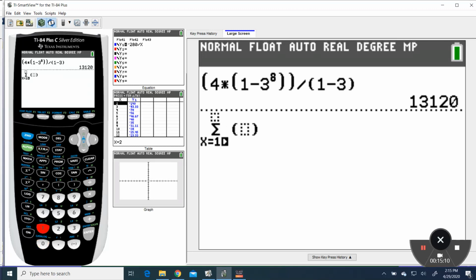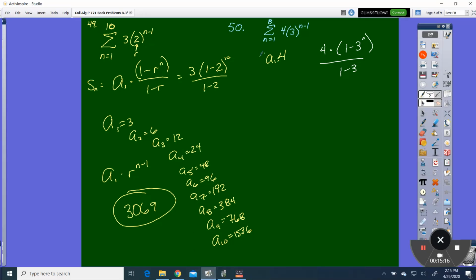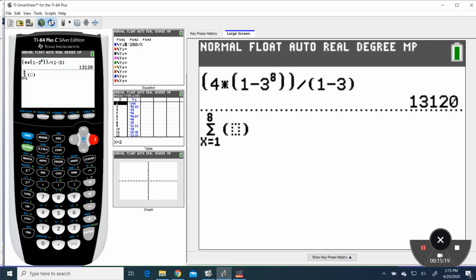Or I can hit math, 0, x, 1, 8, and then we had 4, 3 to the n minus 1. 4 times 3 to the n minus 1. Whoops.